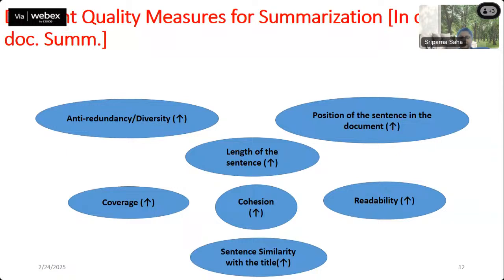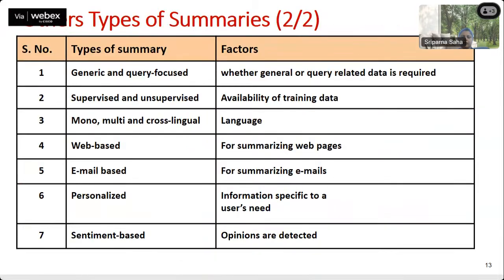So these are the various factors of the objective functions which should be simultaneously optimized by using a multi-objective optimization framework. As I mentioned, there are different types of summarization problems. One is called generic summarization, where we have a set of documents and we are simply summarizing them. But query focused means the documents are connected and retrieved based on a query.